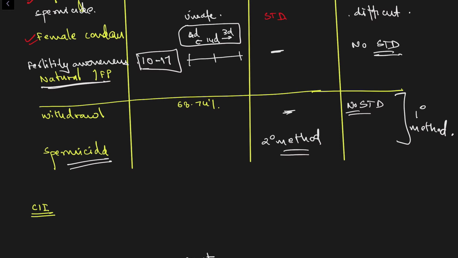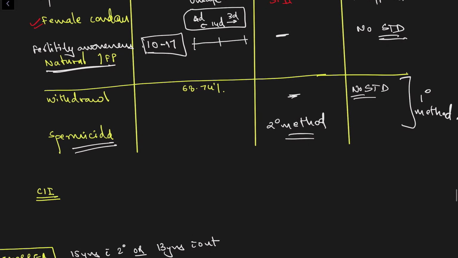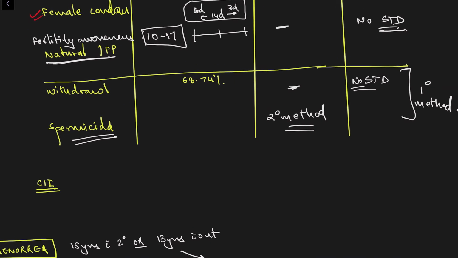All right. Then contraindications to contraceptives are again a very important topic. I cannot stress its importance anymore. Right. So first, let's talk about estrogen containing hormonal methods. What are the contraindications? So first is history of stroke, hypertension, and DVT.